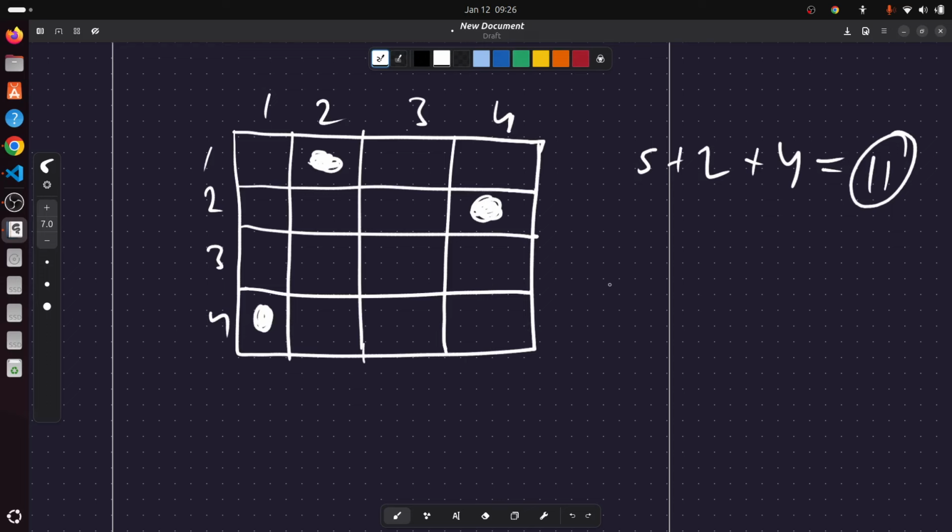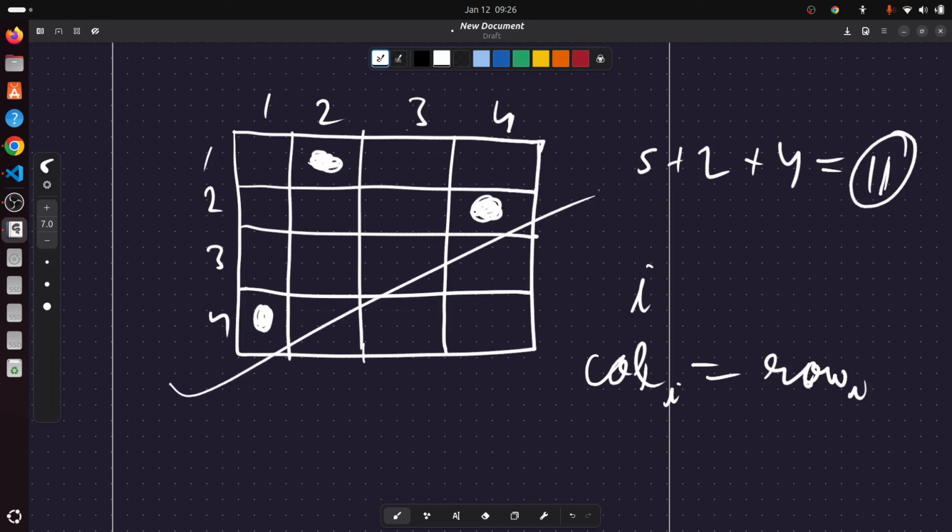So for all i, the number of stones in column i is equal to number of stones in row i, right? So this is satisfied, and we have done it at a cost of 11. So we have to find out the minimum possible cost to fill this grid, right?